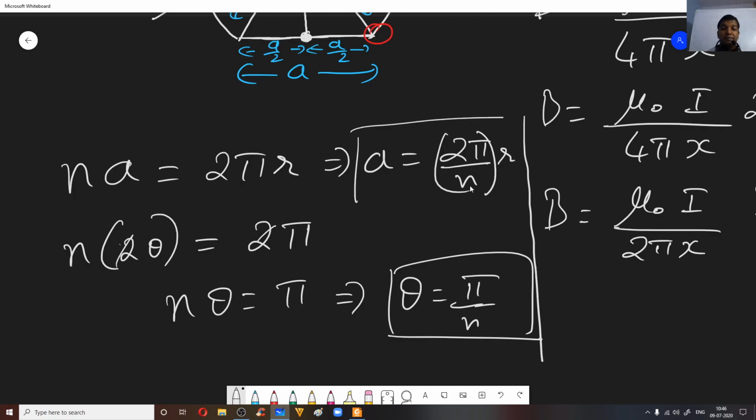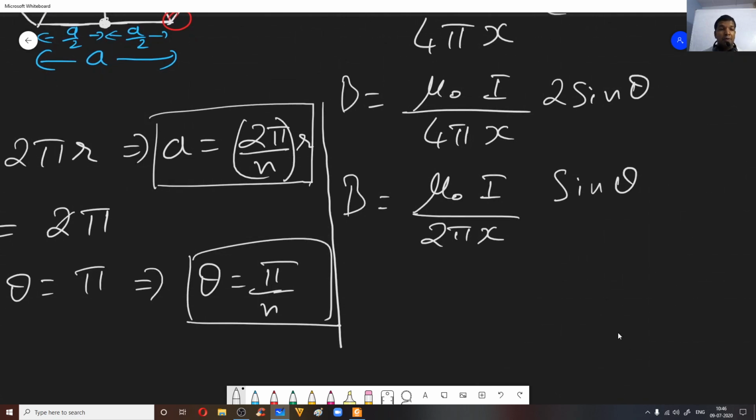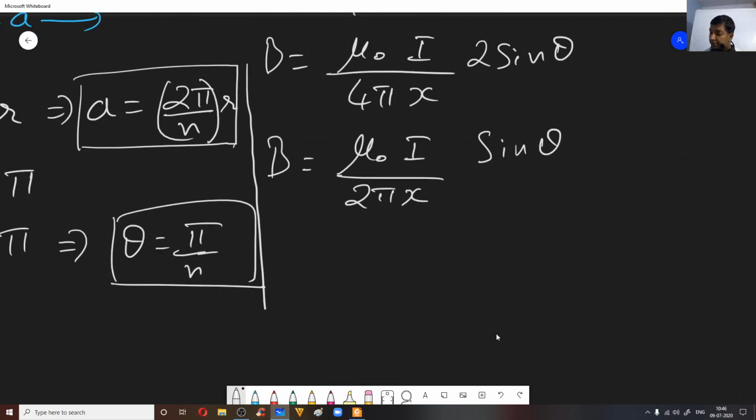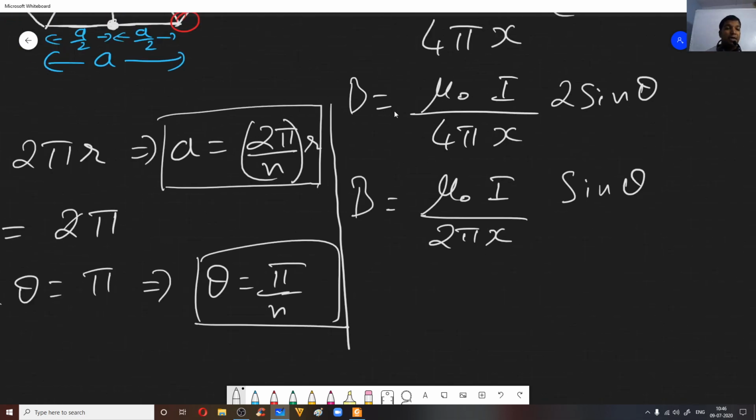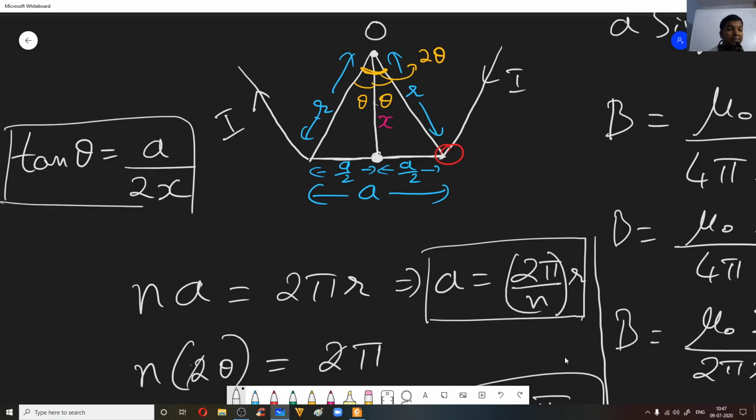Now coming back here, the next thing you can do is write tan theta from this diagram. Tan theta you can write as a by 2 divided by x, correct?